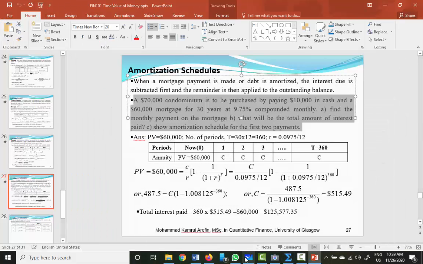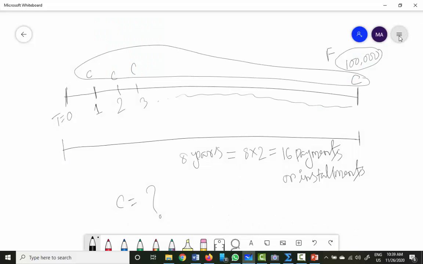So let us check the time diagram. In the exam you don't need to show me the time diagram, but if you draw it, it might help you.